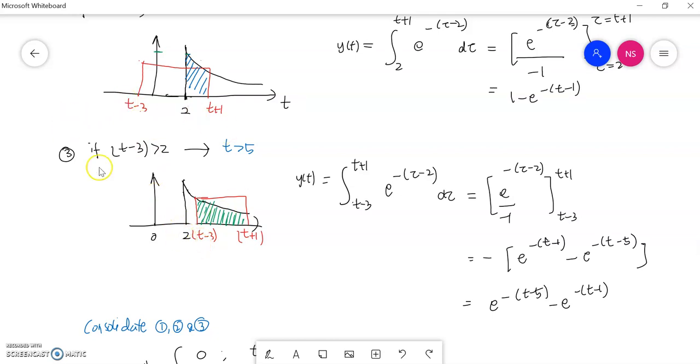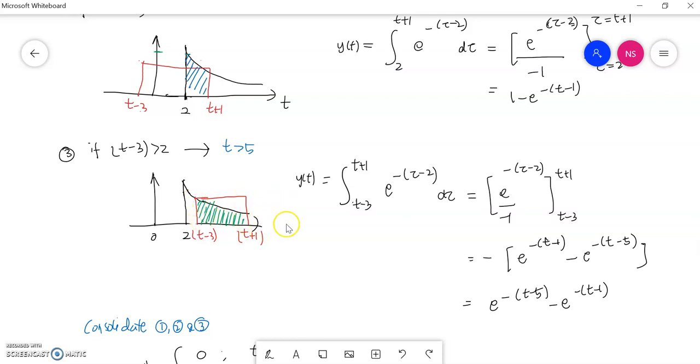So in this particular condition, if you plot the multiplication and try to solve this, the area drawn here, shaded green, is where the multiplication gives results.